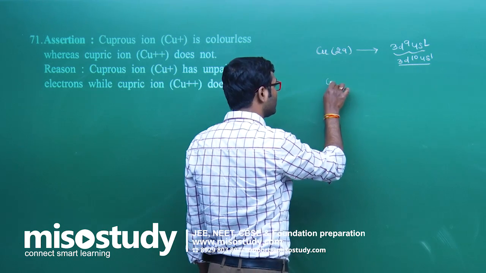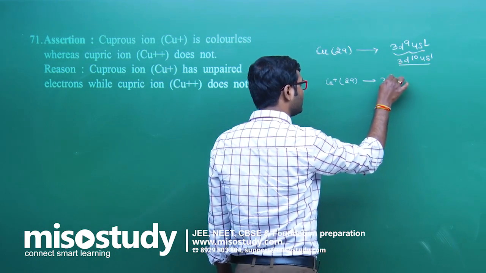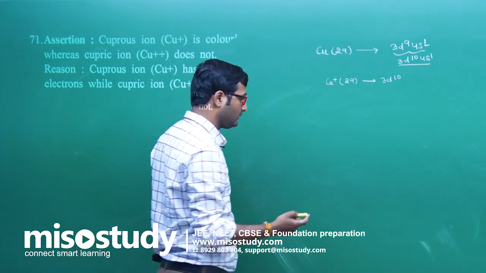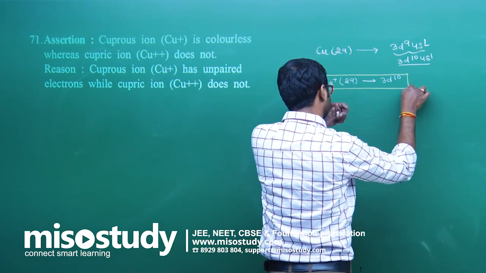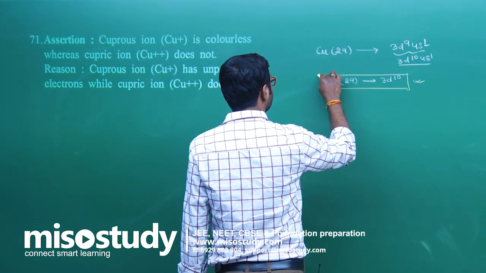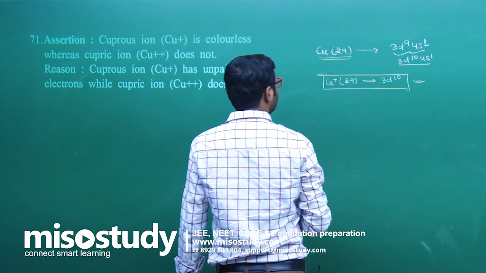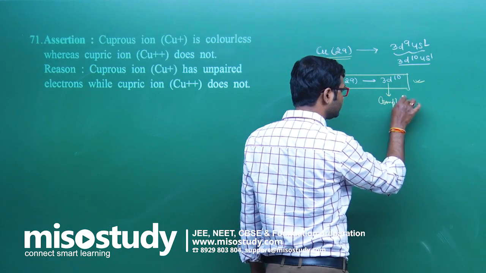Now when it loses one electron, what will happen in this case? That is 3d10.